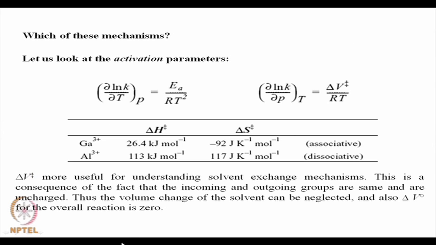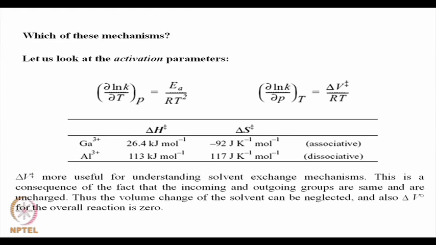So, pressure dependence of ln k will give you the delta V, which will also give you the idea of whether it is an associative or a dissociative case. But when the incoming and outgoing groups are same, volume change can be neglected, but if these two are different, then you may not ignore it.